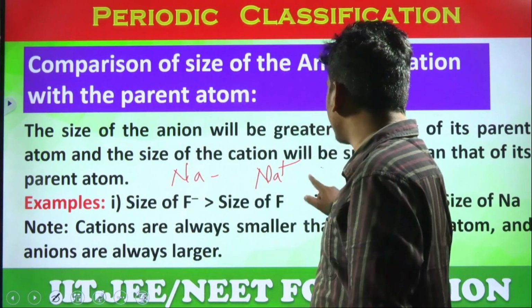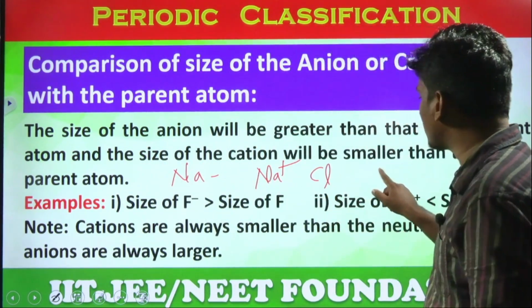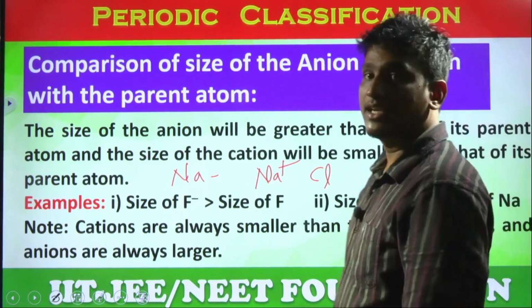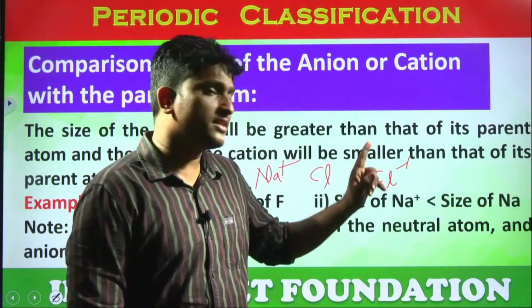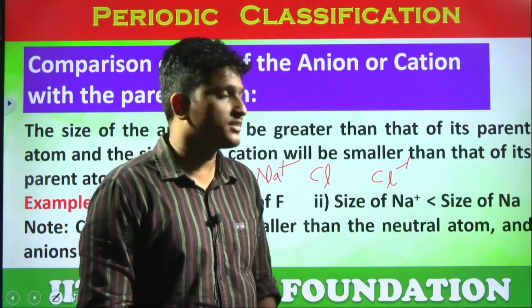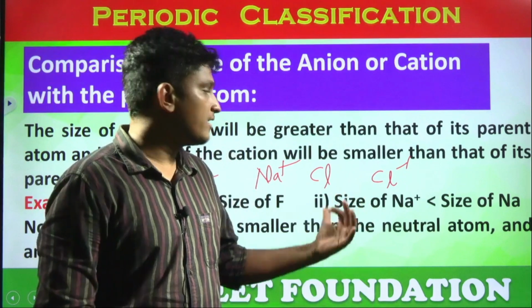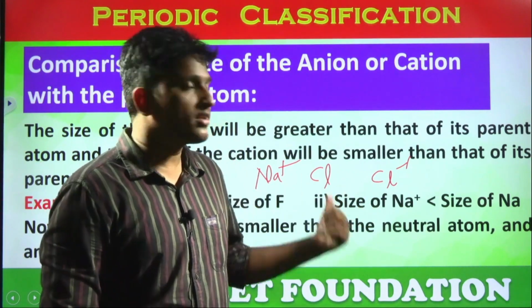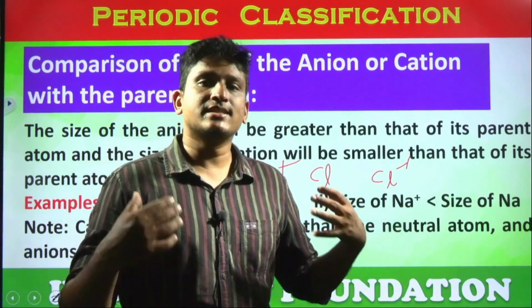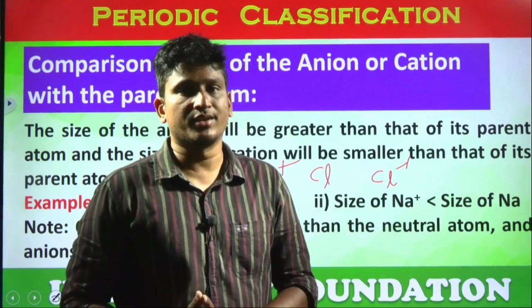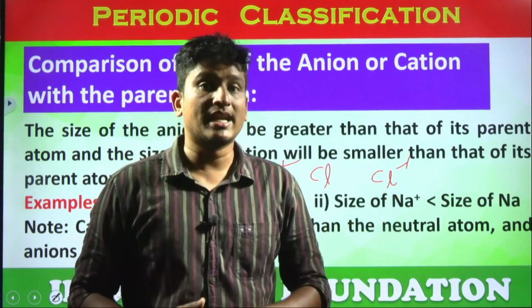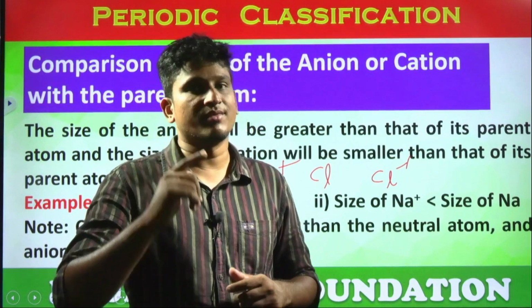As well as, let us take one more example with chlorine. Chlorine atom as well as chloride ion, Cl and Cl minus. In this case, which is bigger in size, which is smaller in size? Anion, the negative charge, is bigger in size than its parent atom. Why? Because chlorine atomic number is 17. It contains 17 protons and 17 electrons, right? But chloride ion contains 18 electrons and 17 protons.